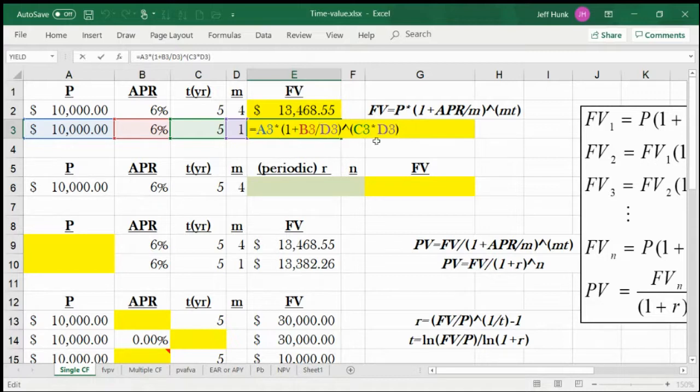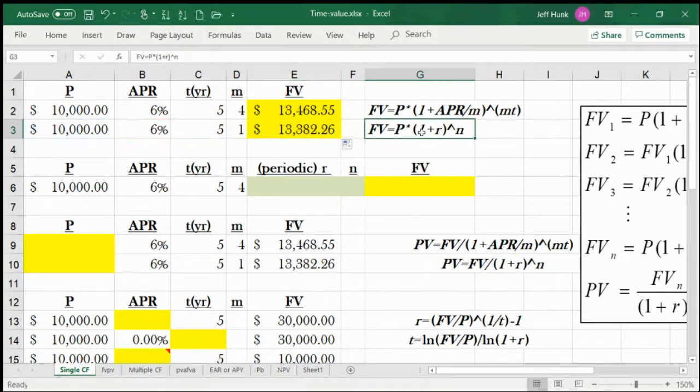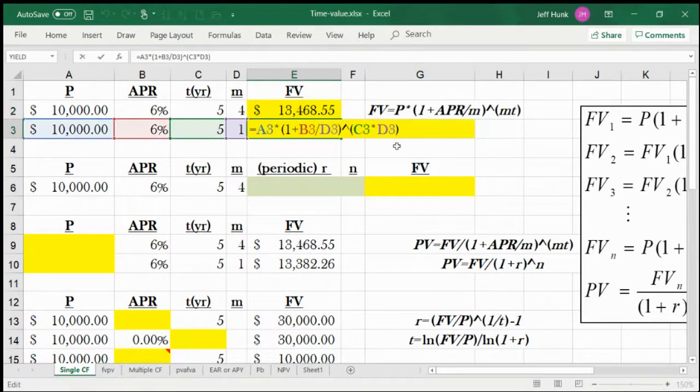In other words, if you look into the formula, the formula has changed. It's the same formula, but previously I used this, and this time I'm using this because I copied and pasted this formula. But what is the difference?